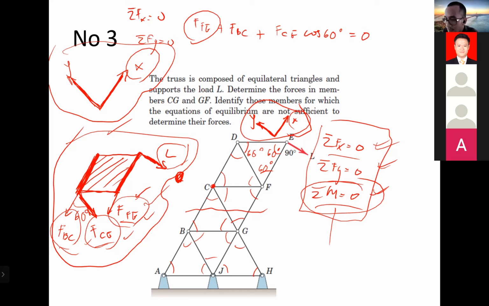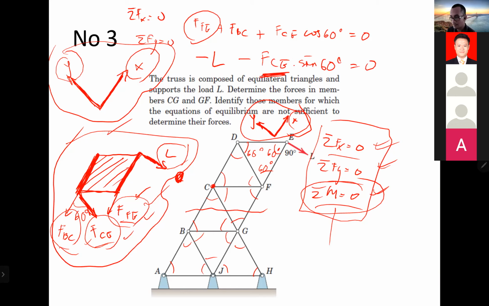The one which is going to the y direction, in this case, is minus because it is going towards the opposite of the y, right? Minus L and minus FCG sine 60 degrees equal to 0. Then you will be able to find FCG.